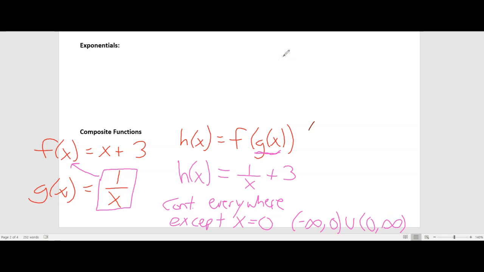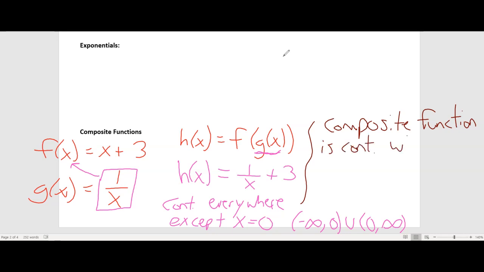So a composite function is continuous when the functions it is built from are continuous.